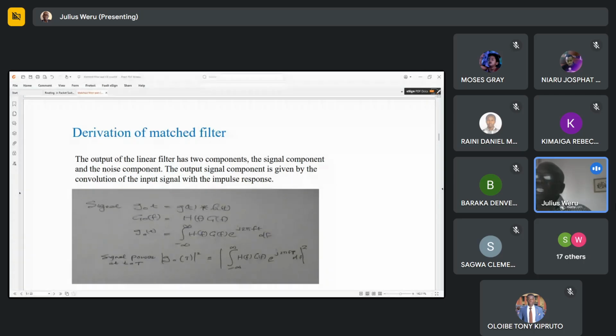You can simply do the inverse Fourier transform.